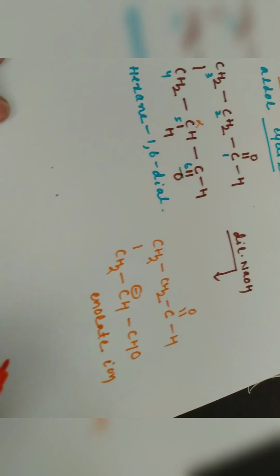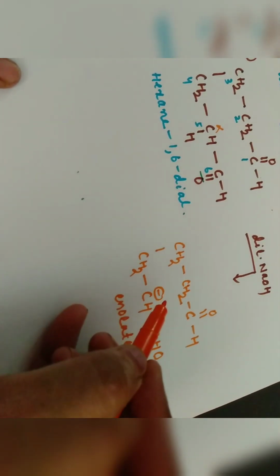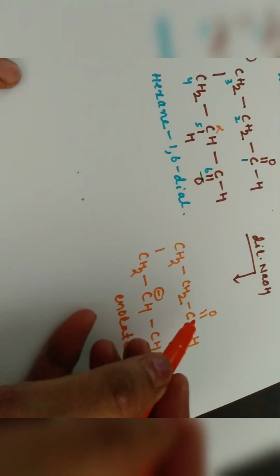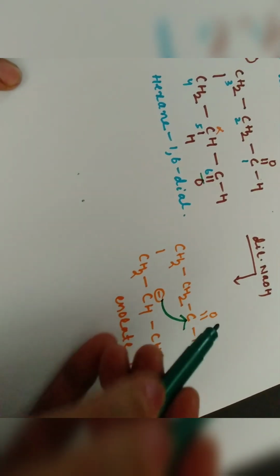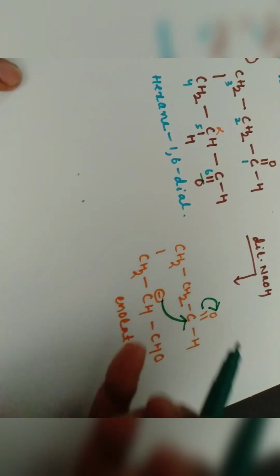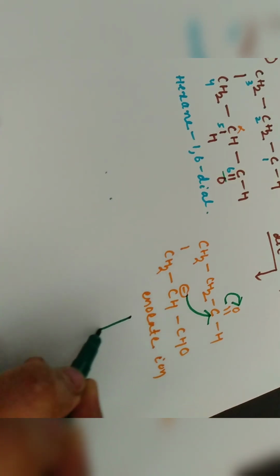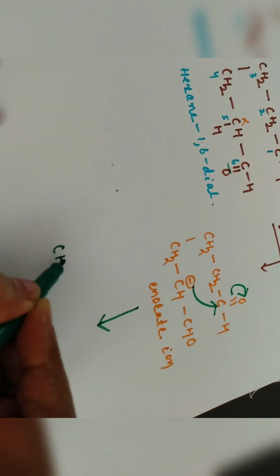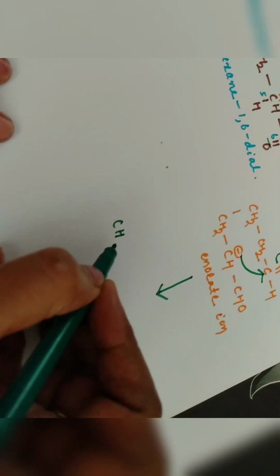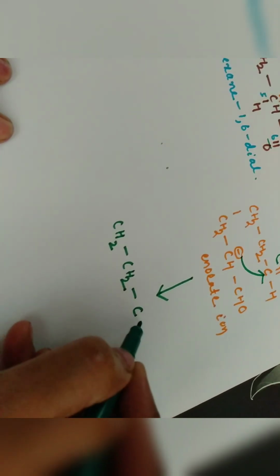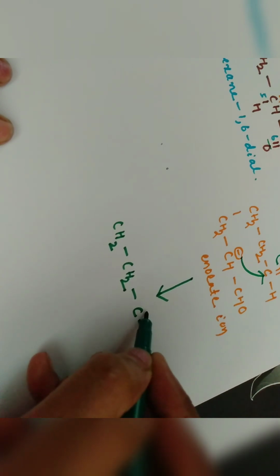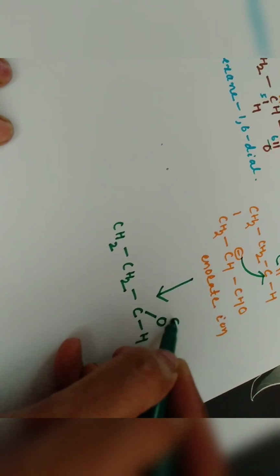Okay. Now what is the next step? That enolate ion will attack the carbonyl carbon of another aldehyde molecule. So see here what happens, this will attack the carbonyl carbon of this, and now this carbon becomes pentavalent, this goes to this position. So now it forms an intermediate product, that is your, see here, CH2 single bond CH2 C, this is your H, this is single bond O minus.